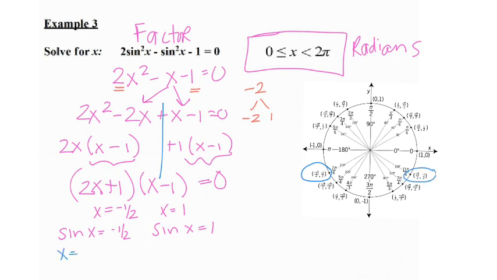X would equal 7 pi over 6 and 11 pi over 6. And then where does sine of x equal 1? The y value equals 1 here. So then also at pi over 2. And this could have probably 4 answers, maybe. I think 4 is probably the most we get at, but you can have many answers, so make sure that you're finding all of the answers that you can.